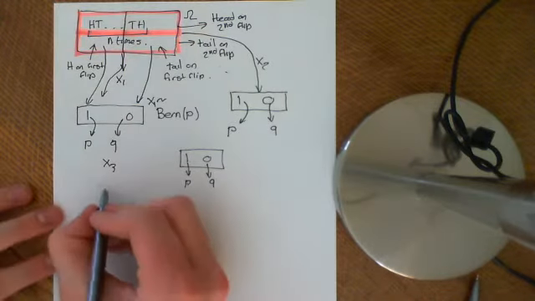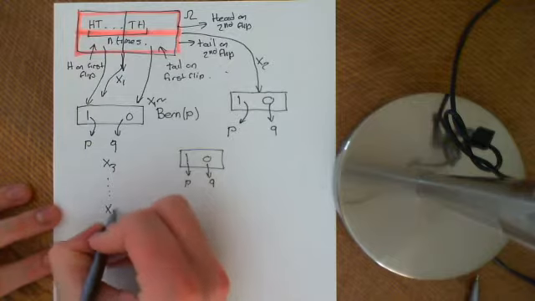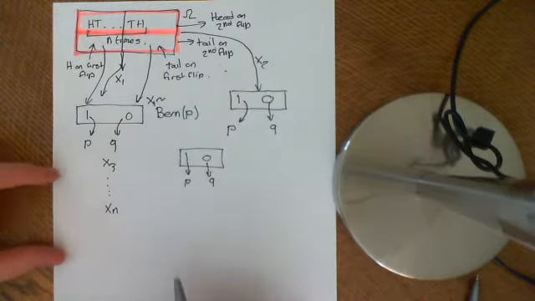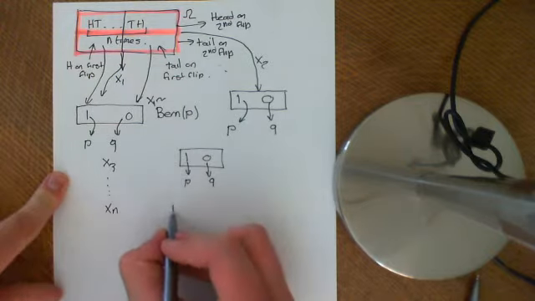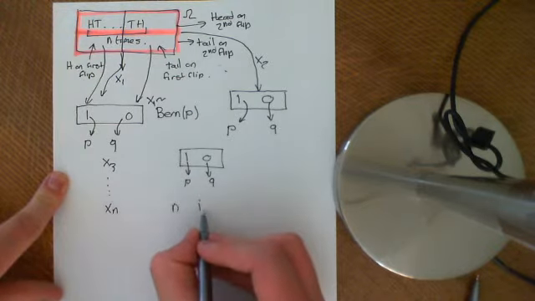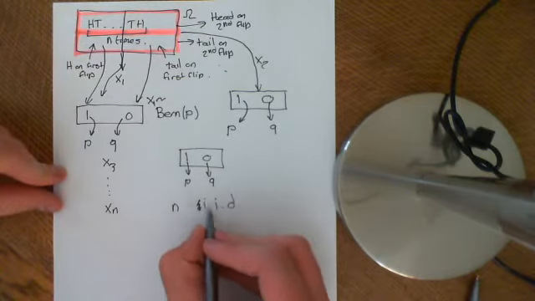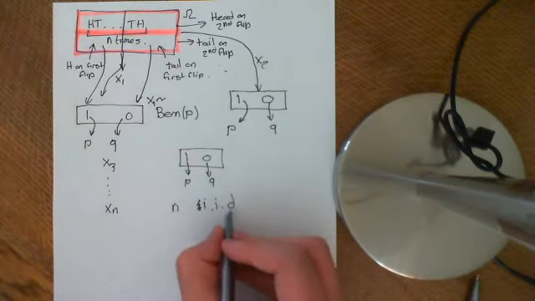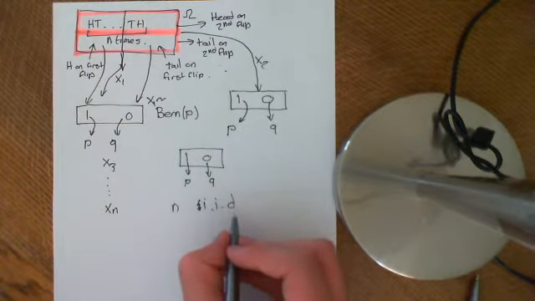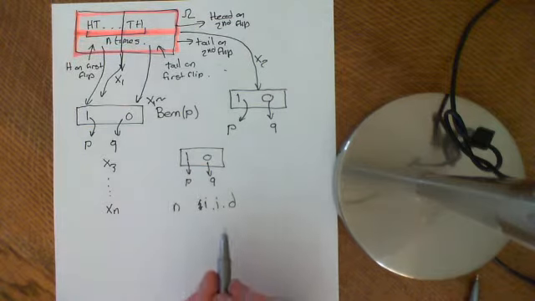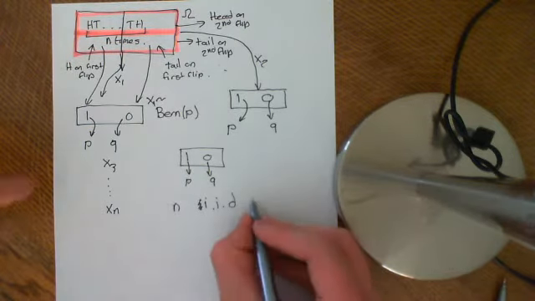We'll do this all the way up to xn, and all of these are exactly the same probability space. So that is what we mean by n independent, identically distributed random variables. Well, I haven't shown that they're independent yet, but I've shown the identically distributed bit of IID. So x1 through xn are n independent, identically distributed random variables.